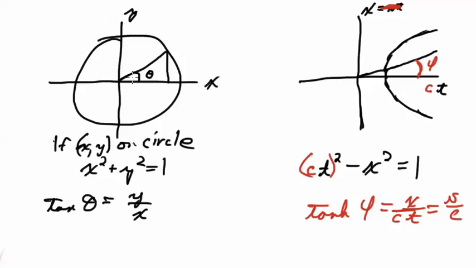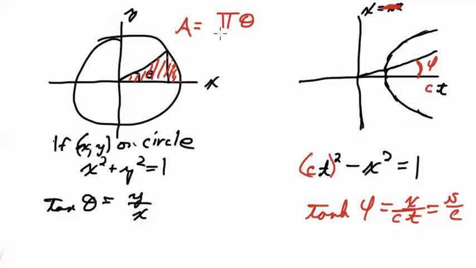There's a further relationship to make this analogy a little more complete. This area here is a chunk out of a pie, and the area of that pie chunk is going to be pi if you have the whole circle.